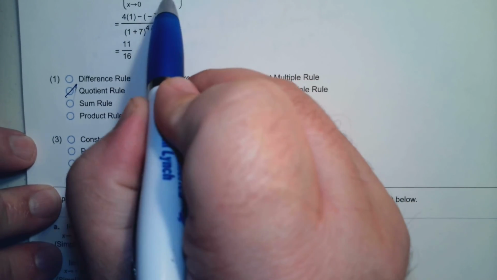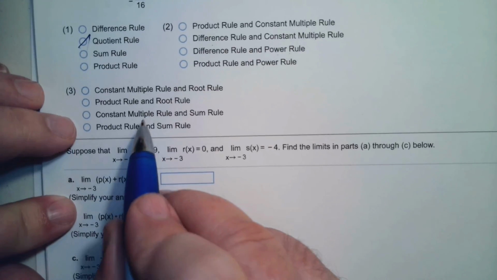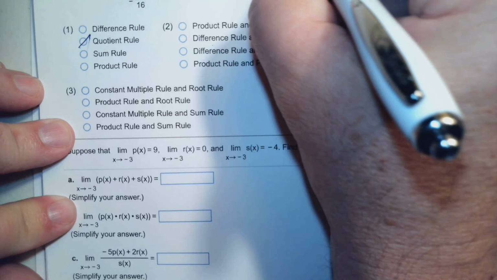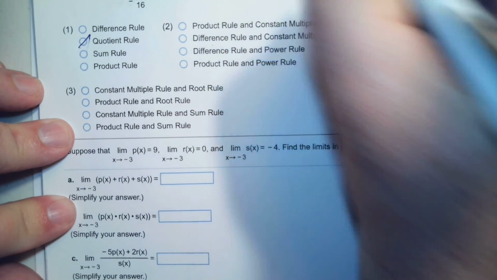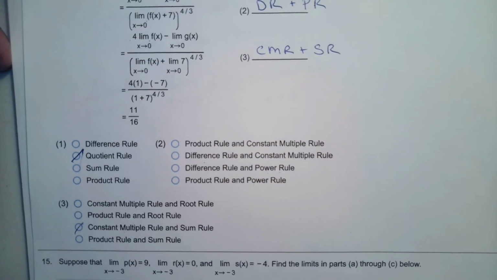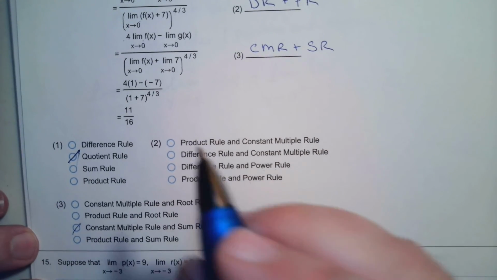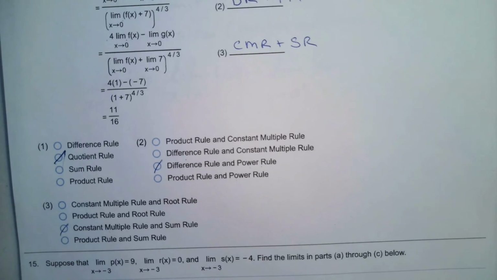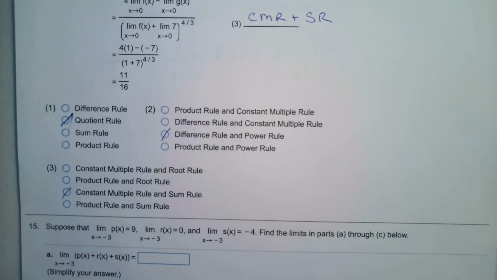Oh, I separated the bottom. The limit of f(x) plus 7. So that's the sum rule. So it's the constant multiple rule plus the sum rule. So for that one, just reference the rules in our notes.